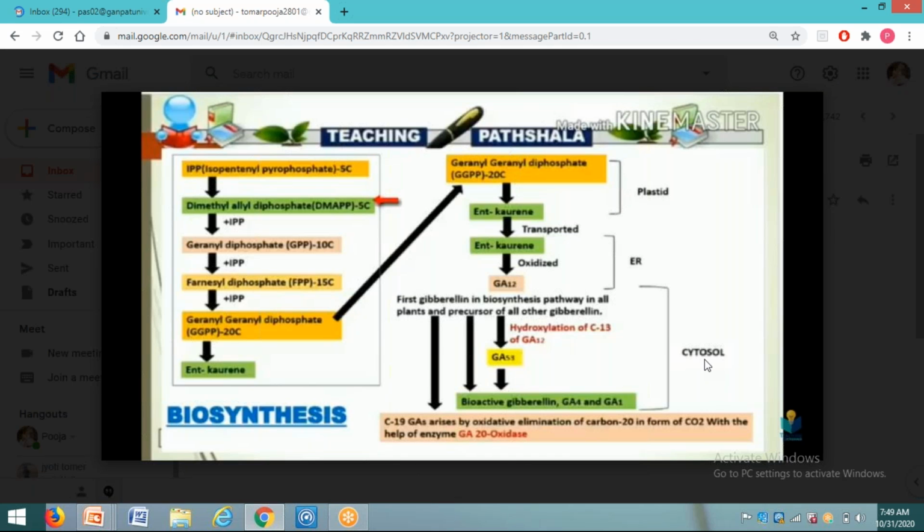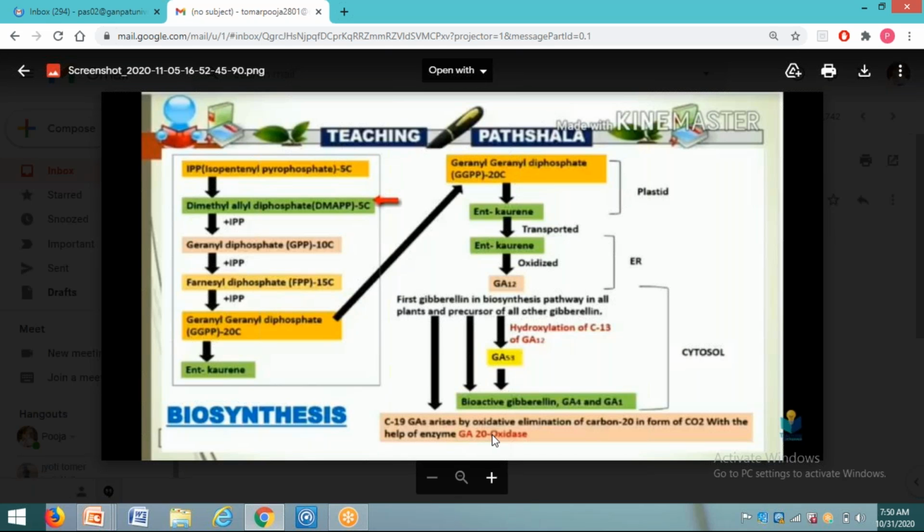In the plastid the initial process takes place, in the endoplasmic reticulum the modification process takes place, and in the cytosol the hydroxylation process takes place, which makes the compound active. I hope this is clear to all the participants. If anyone of you has any doubt, you can ask.